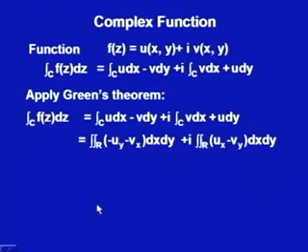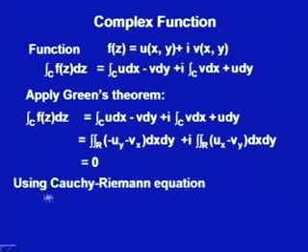Why? Because f is continuous and analytic. The Cauchy-Riemann equations say ux is vy and uy is equal to minus vx. This gives both integrands to be 0 over the closed region R, so when both the integrands are 0, this would give 0.